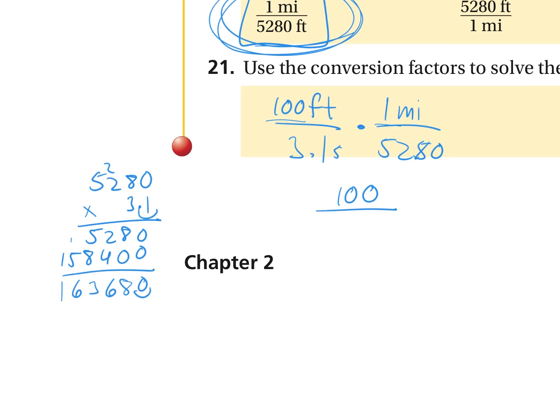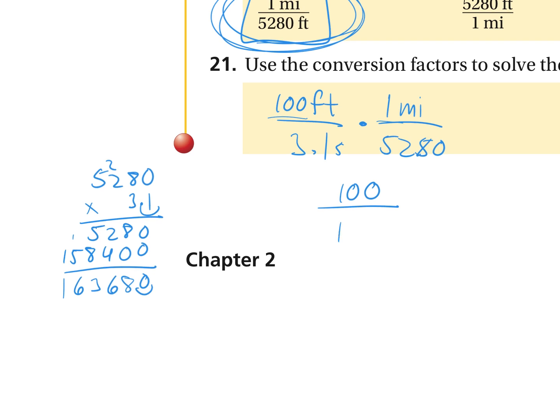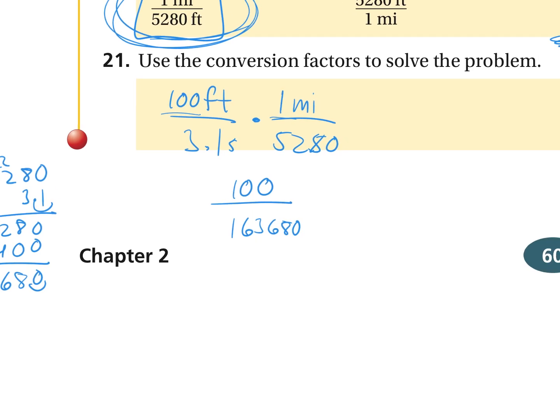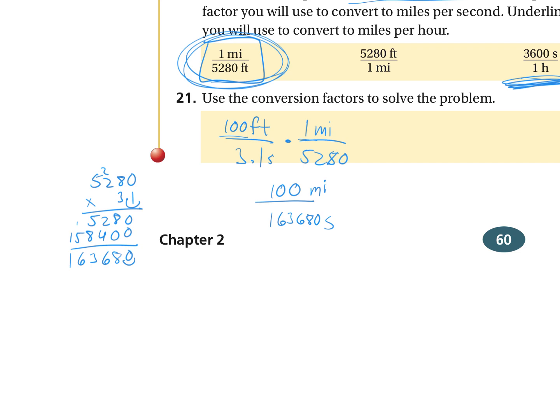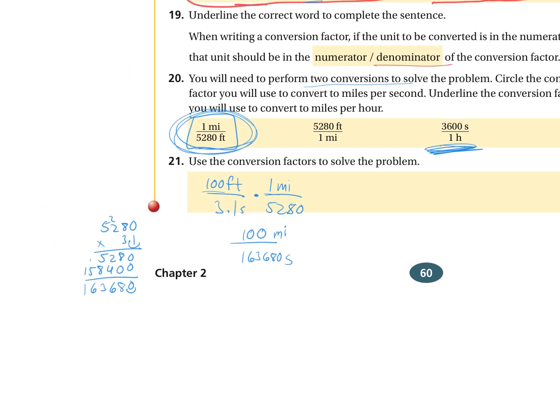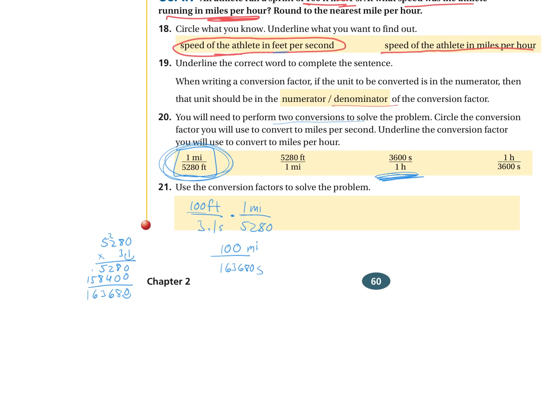So we get 100 over 163,680, and this is in miles per second. But we want to convert to miles per hour.